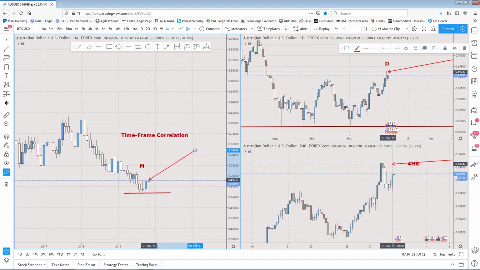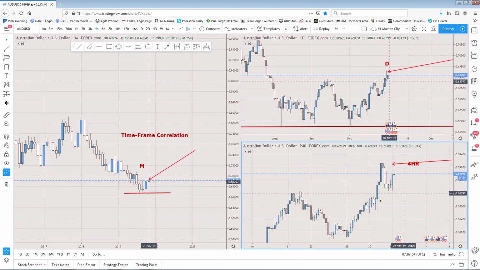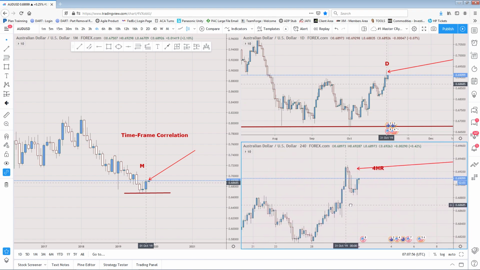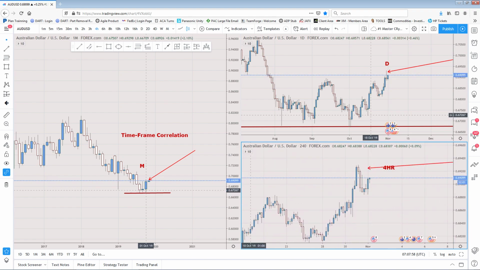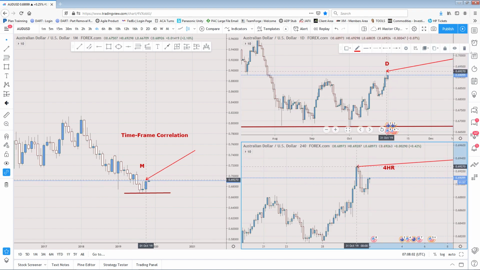When I use this arrow here, see how it's marking up these other time frames? So let's just move this to here. Say if I wanted to buy right there, I can say, hey, this month closed with a big bullish engulfing.